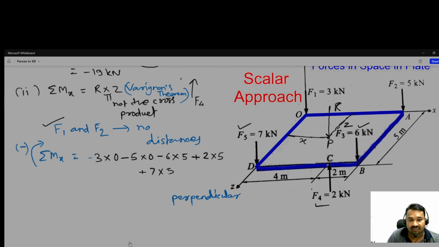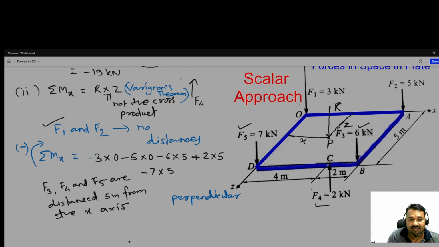There is one mistake: this will be a minus sign, because all the other forces, F3, F4 and F5, are 5 meter distant from the x-axis.